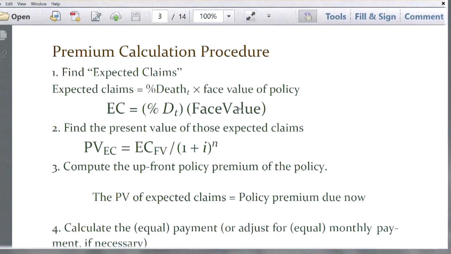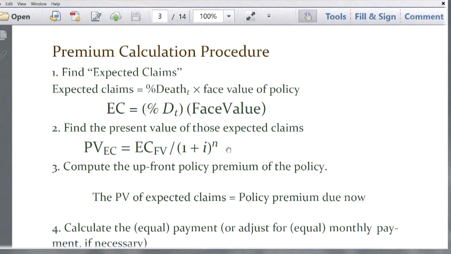So what we calculate is expected claims: the percentage death times the face value of the policy. That will give you the expected claims at year 36 for people dying between ages 35 and 36. Then again, expected claims at 37 for people dying between 36 and 37, and so on for the next 3 years.